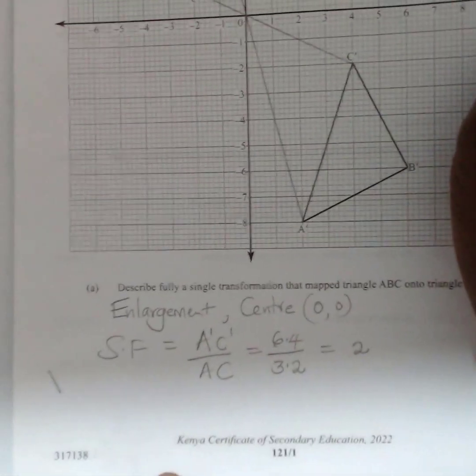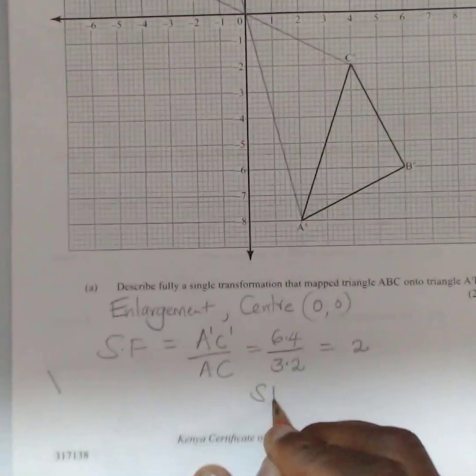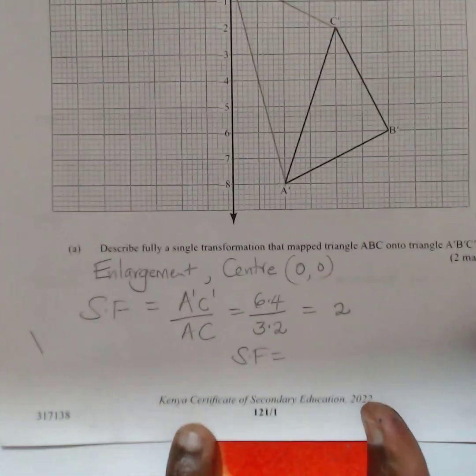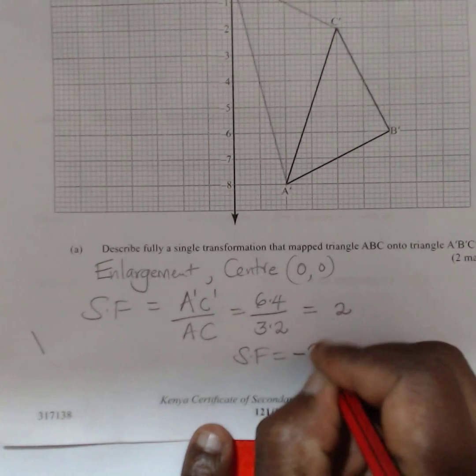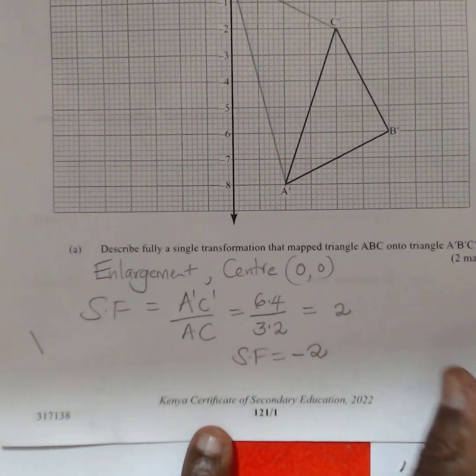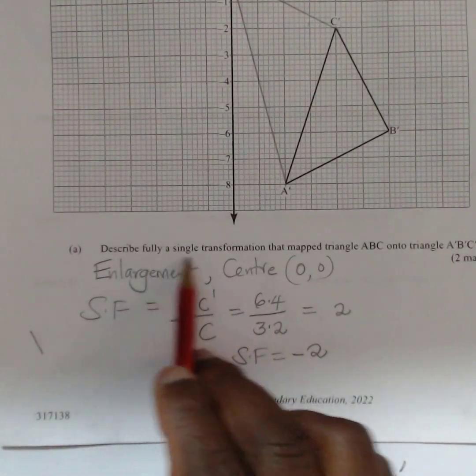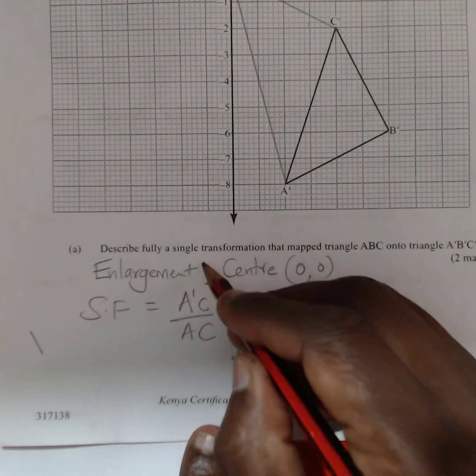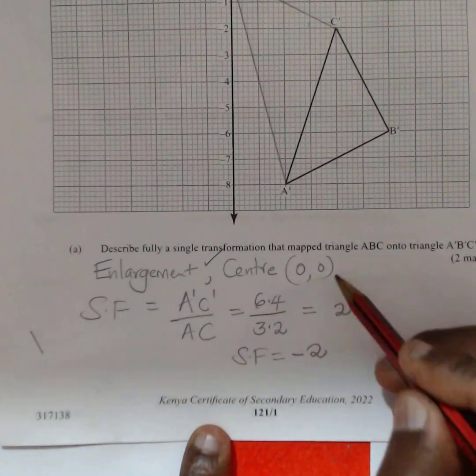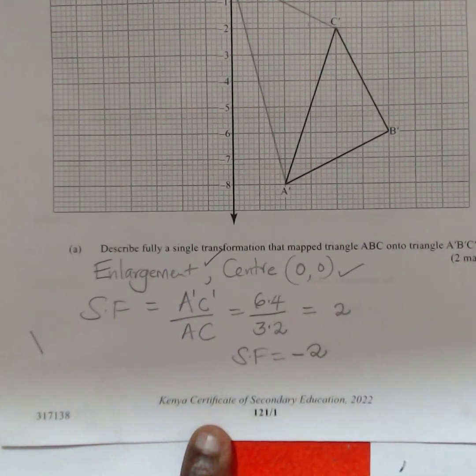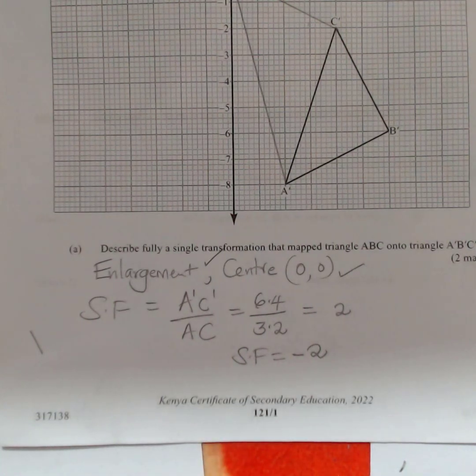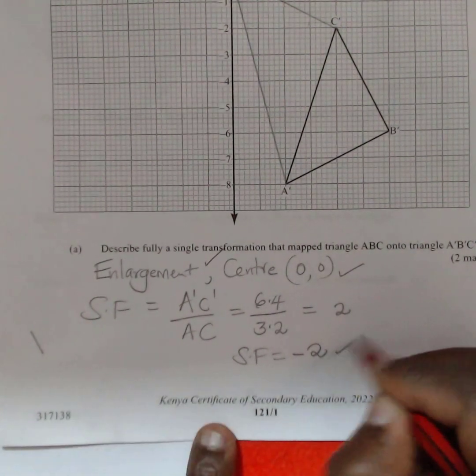So the scale factor of enlargement will be -2. So we have described this transformation. It is an enlargement. The center of enlargement is given. That is how we describe enlargement. Then the scale factor of enlargement is given.